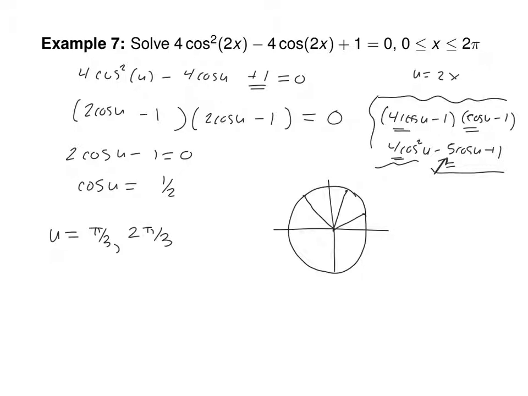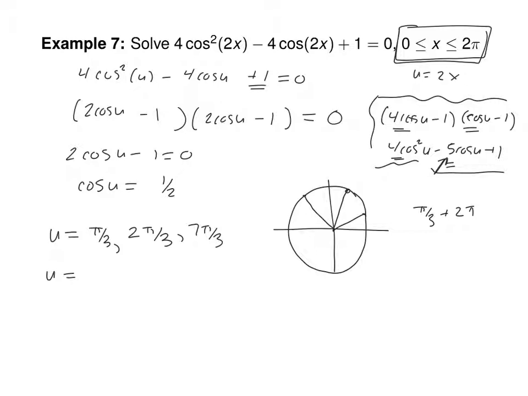I'm going to list a few more of them because I only have to go from the interval 0 to 2 pi, but I'm not sure what that 2x is going to do to stuff. Does that make sense? I do know I'm in the positive interval, so I'm only going to look at positive angles. If we did pi thirds plus a whole other rotation, it'd be pi thirds plus 2 pi, 7 pi thirds.